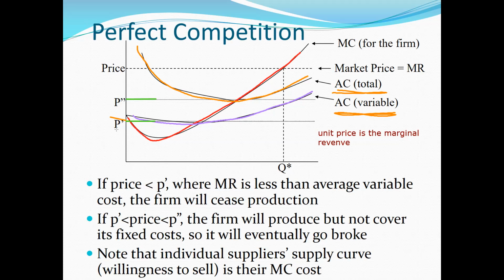So that's the idea. And the supplier's supply curve is their marginal cost curve. This marginal cost curve that I drew at the beginning in red essentially dictates your supplier's willingness to sell.